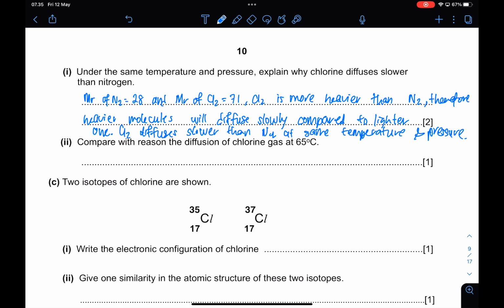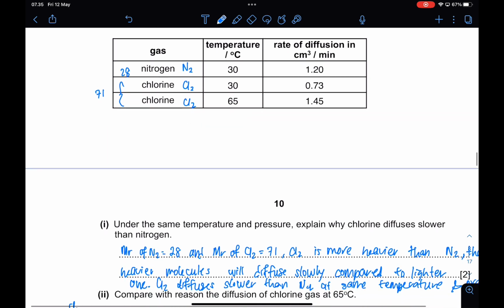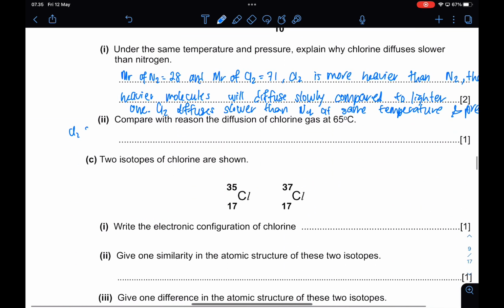Now, compare the reason for the diffusion of chlorine gas at 65 degrees. So now they are comparing chlorine at different temperatures. The chlorine was at 30 degrees, and now we are comparing with chlorine at 65 degrees Celsius.